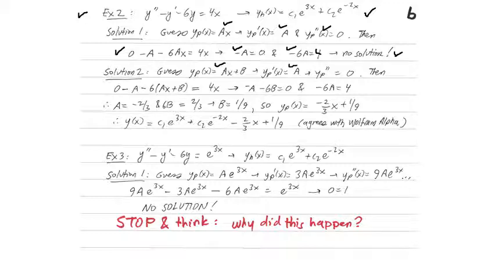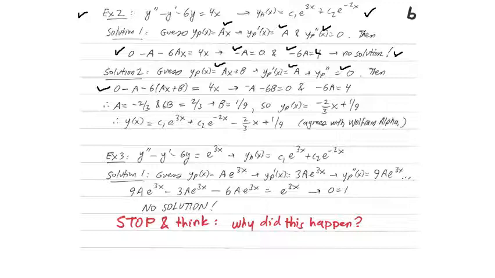Then the first derivative is a, second derivative is 0, and then we take those expressions and plug those into our differential equation and get this equation. 0 minus a minus 6(ax plus b) is 4x.